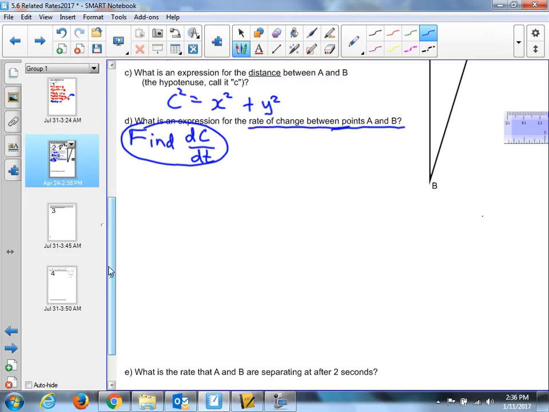Do we know how to do the derivative? We don't have C isolated? Oh yeah, we do. Apply the d by dt operator to this expression. So what I'm saying is take d by dt of this side.